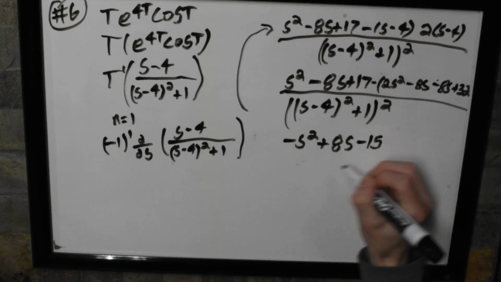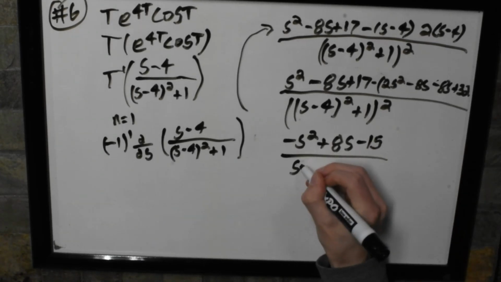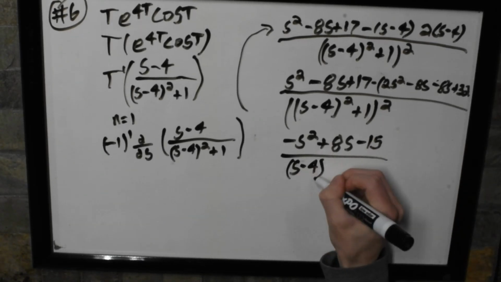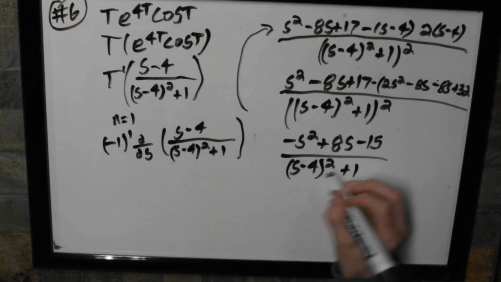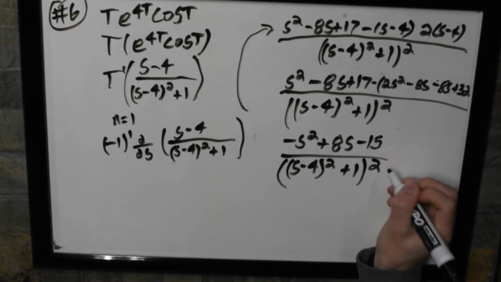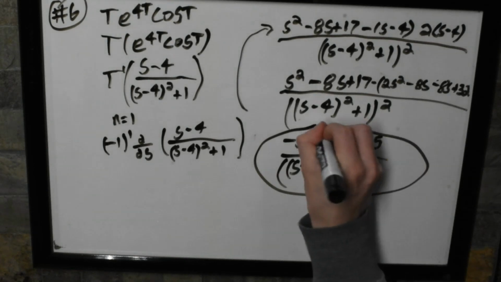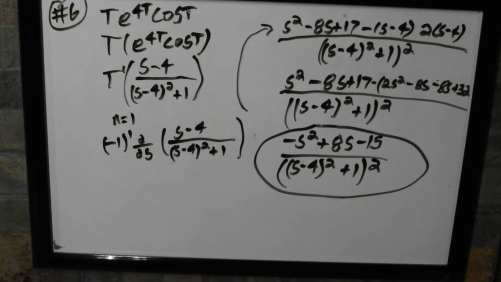Negative 15 over s minus 4, that's going to be squared, plus 1, and all of this, of course, is squared. And that's actually going to be the Laplace transform of this function.